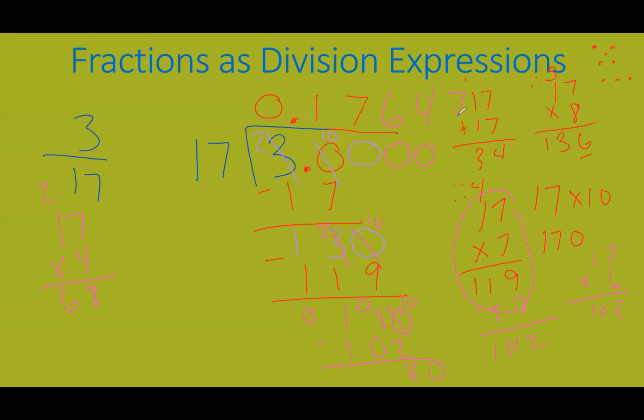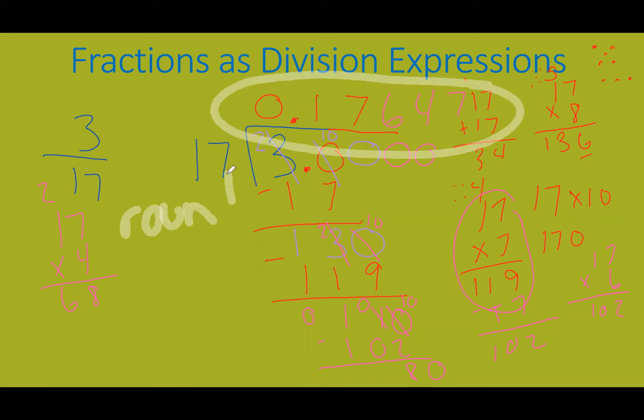But here's what I want you to do. I want you to stop. And we're going to take this number and we're going to round it. Do you remember how to do that? I hope you do. We're going to round to the nearest hundredth.